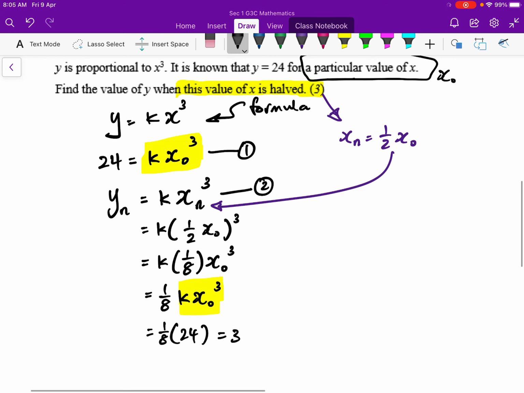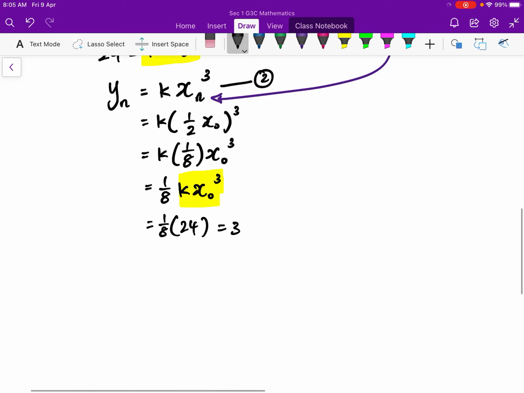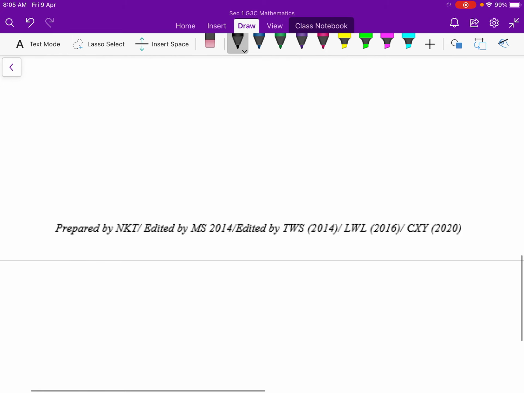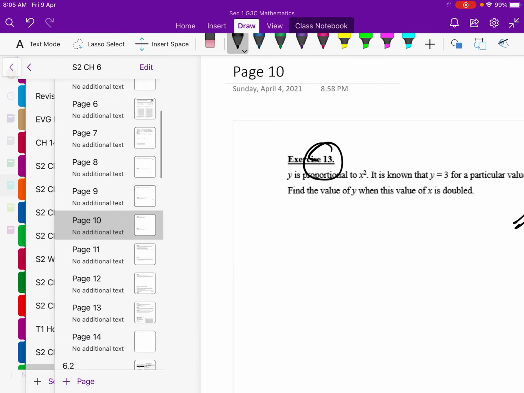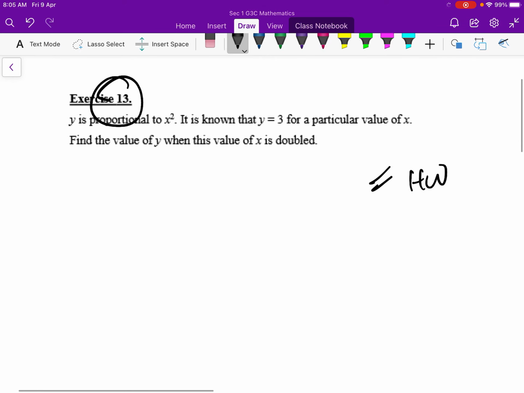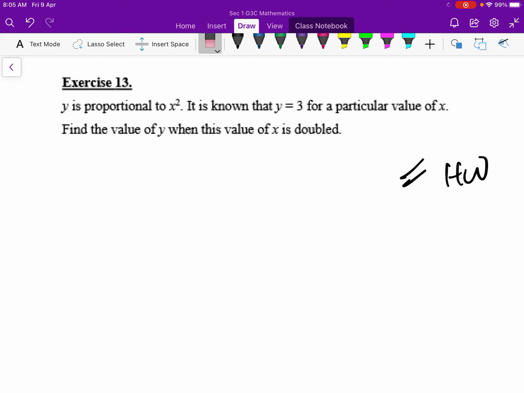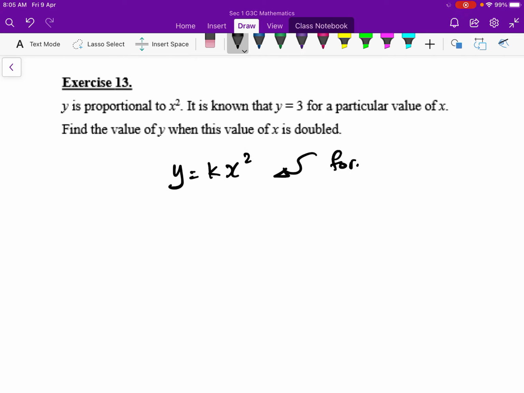Any questions? Okay, this is also your homework. So now y is proportional to x squared. Oops, y equals k x squared. That is for our first line, and that is our formula. It is known that y is equal to 3.